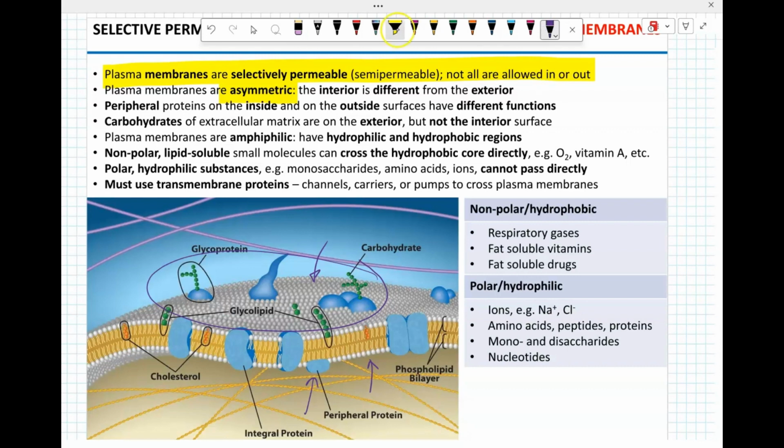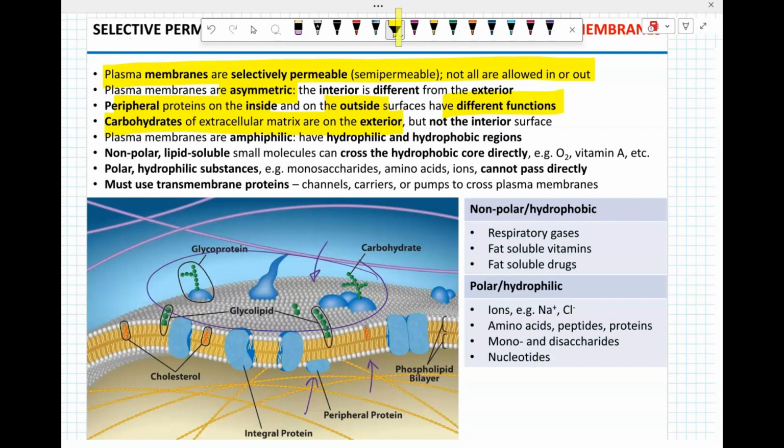Moreover, peripheral proteins that are found on the inside of the membrane have different functions compared to the proteins found on the outside of the membrane. As we mentioned before, carbohydrates are found on the exterior but not on the interior surface. All of this explains the phenomenon of asymmetricity of a plasma membrane.